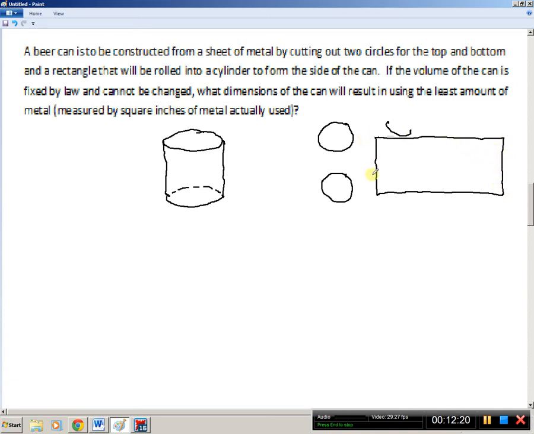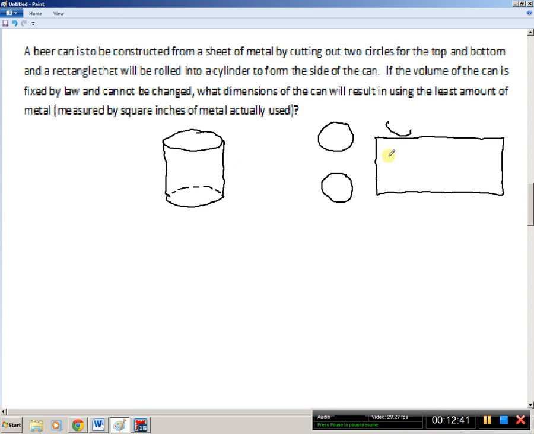So when you do that, you form this cylinder, and then you pop the top and the bottom on, and that's your can. Now I know the cans aren't made that way, most of them, but this is an old problem, and it also is an interesting one. And really, even with the ways that they are made, you can analyze in similar ways.